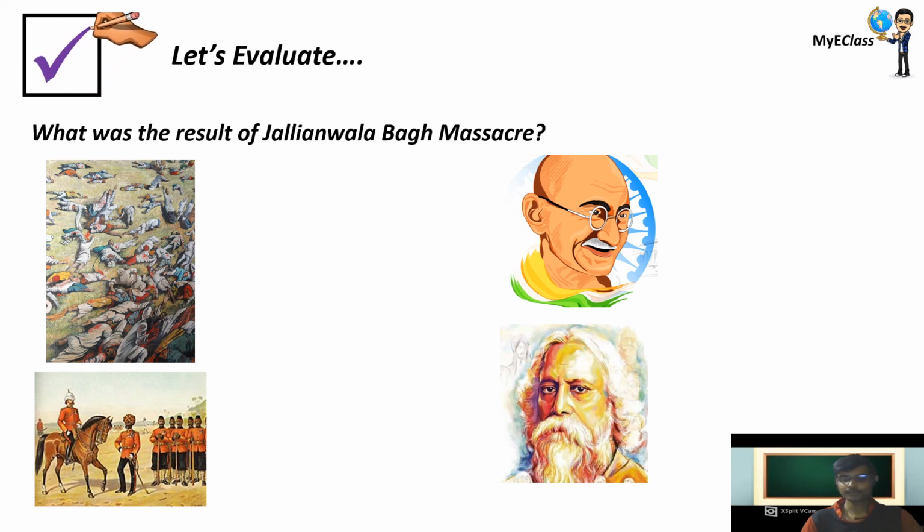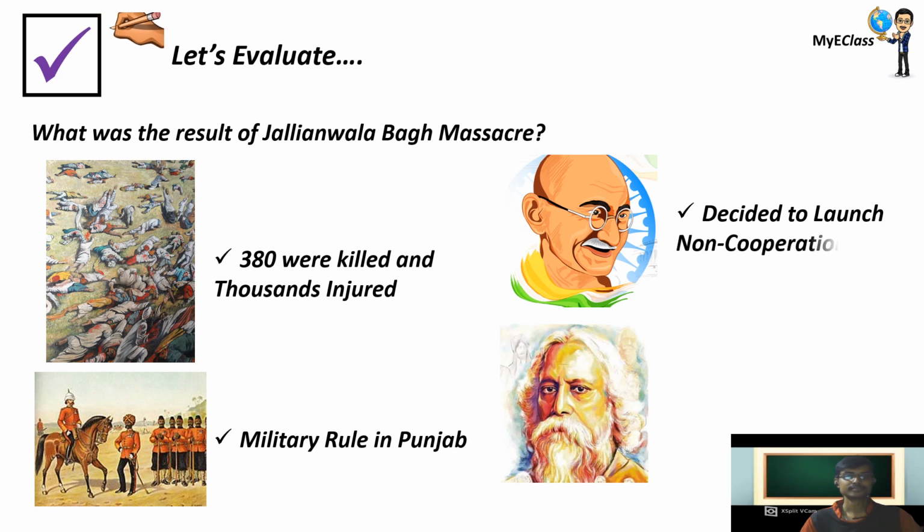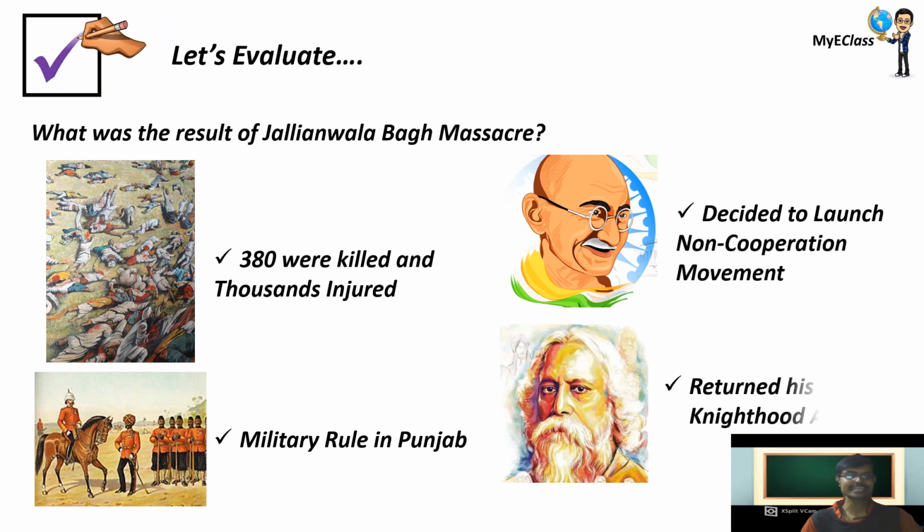I hope you have completed recalling. The Jallianwala Bagh massacre resulted in the death of 380 people and thousands of people were injured. And even the military rule was declared in Punjab.